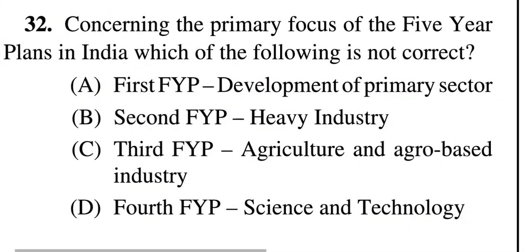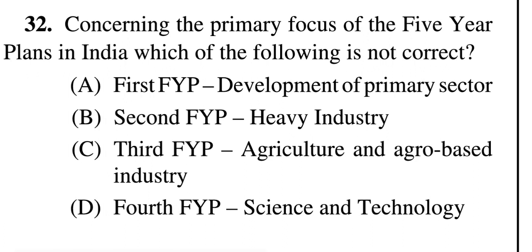32, it says, concerning the primary focus of the 5-year plans in India, which of the following is not correct? 5-year plan you must have heard. First FYP, development of primary sector. Second FYP, heavy industry. Third FYP, agriculture and agro-based industry. Fourth FYP, science and technology.